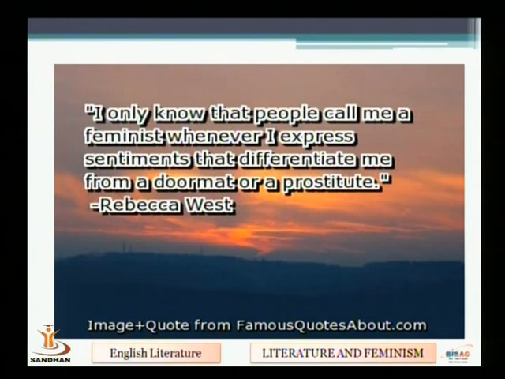So here is a very famous quote by a well-known woman writer named Rebecca West. And she said, "I only know what people call me, a feminist, whenever I express sentiments that differentiate me from a doormat or a prostitute." Rebecca West is implying that though there may be no one meaning of the term feminism, whenever a woman asserts herself as a human being rather than as a doormat or as a prostitute, it sounds like she is a feminist.